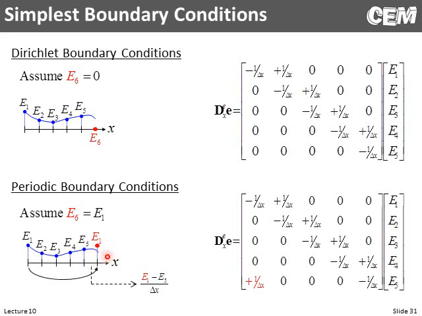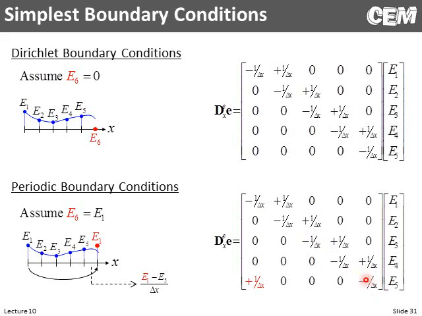So in fact, for this last point where we're calculating the derivative, and we need E sub 6, we did have a finite difference equation that said E sub 6 minus E sub 5, but we'll just say E sub 1 instead of E sub 6. Now our derivative operator looks like this. We still have the positive ones going down the upper diagonal, negative ones going down the center diagonal.